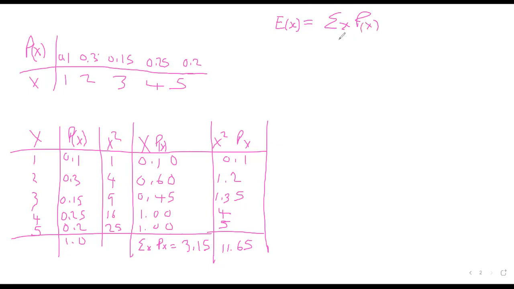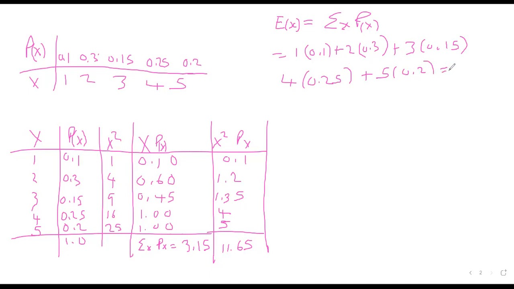If you don't use a table, you're simply multiplying 0.1 times 1 plus 2 times 0.3, 3 times 0.15, 4 times 0.25, 5 times 0.2. When we add it, we found our 3.15. That is our mean.